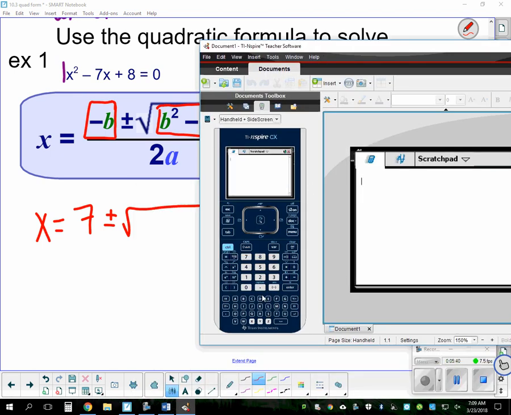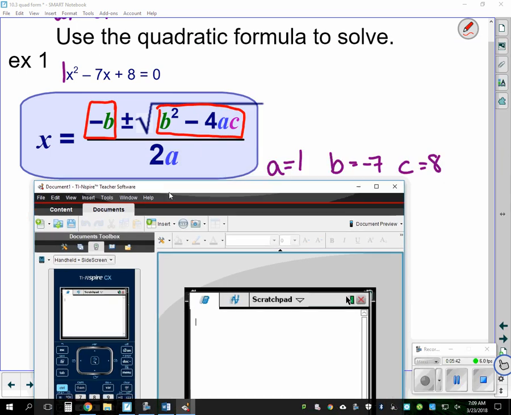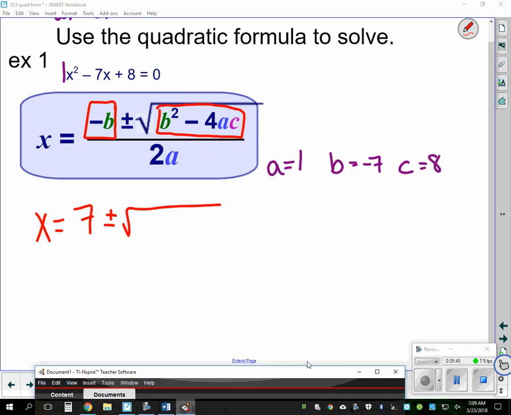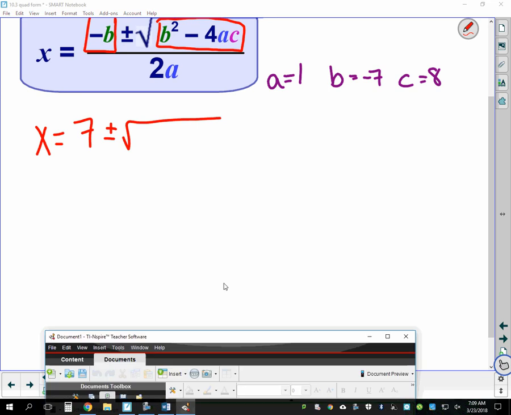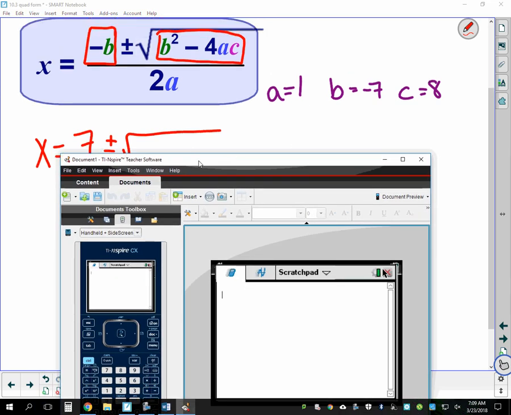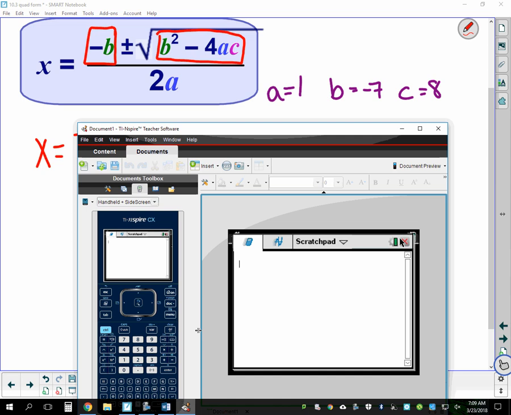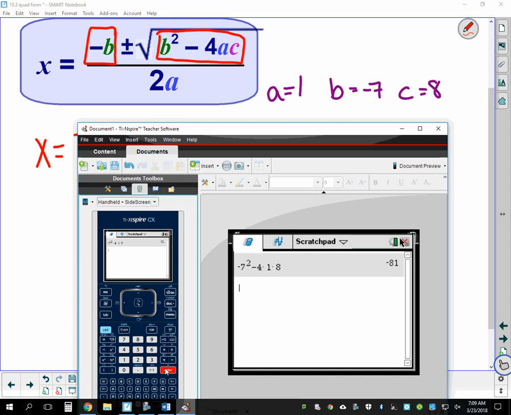B is negative 7. So negative 7 squared. This is the wrong way. Minus 4 times a is 1 times c is 8. And let me tell you, that's the wrong answer.